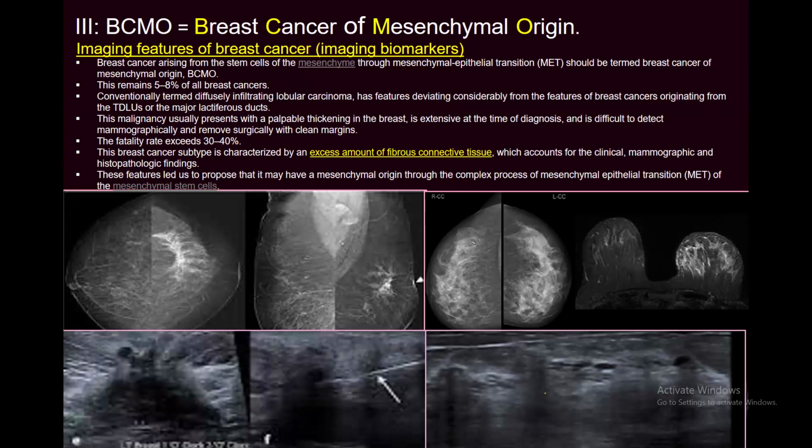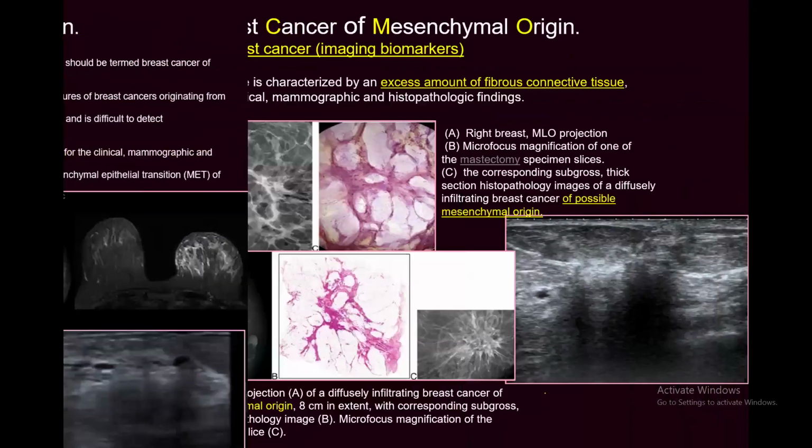They mentioned that this large amount of fibrous connective tissue led them to propose a mesenchymal origin. Here on mammography you can see architectural distortion with asymmetry and diffuse involvement, and on ultrasound it presents as non-mass-like lesions with shadowing, not as mass lesions.